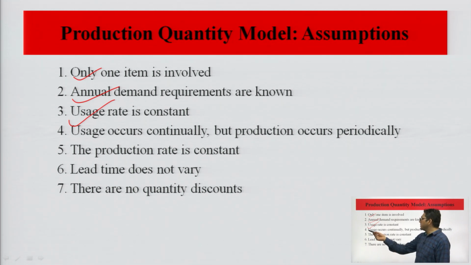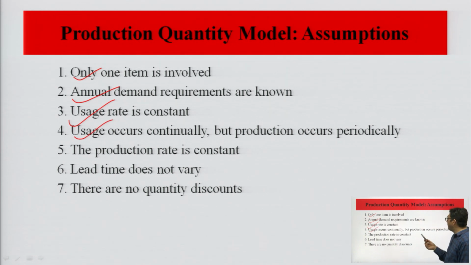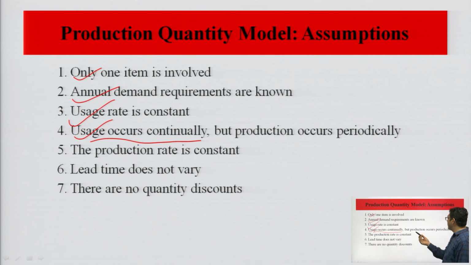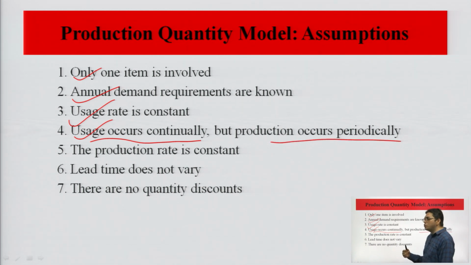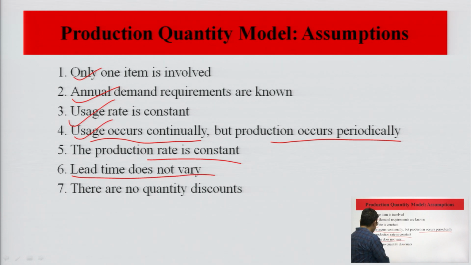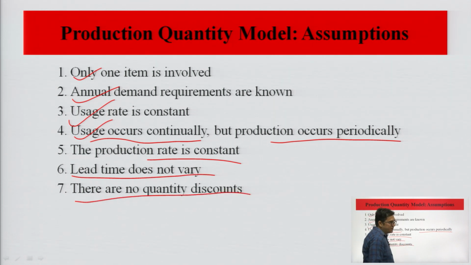Next, usage occurs continually but production occurs periodically. Usage occurs on a continuous basis and production occurs periodically because production is happening in batches or lot sizes. Production rate is constant, lead time does not vary, and there is no quantity discount.